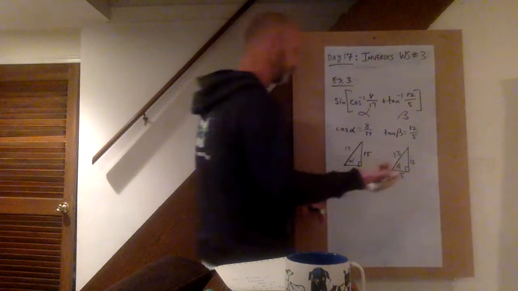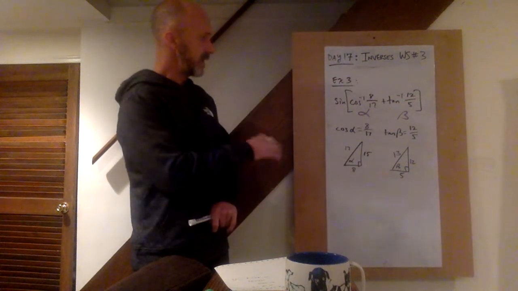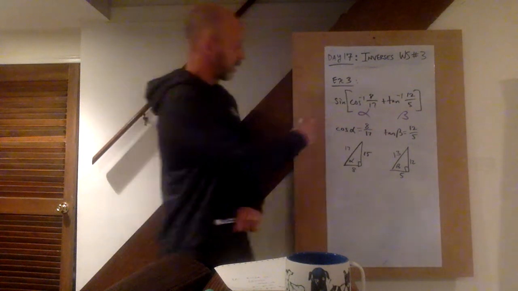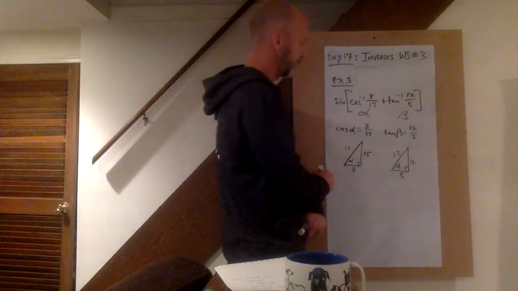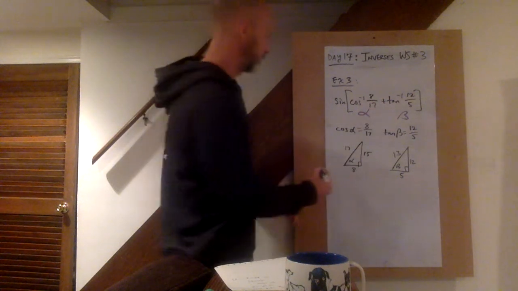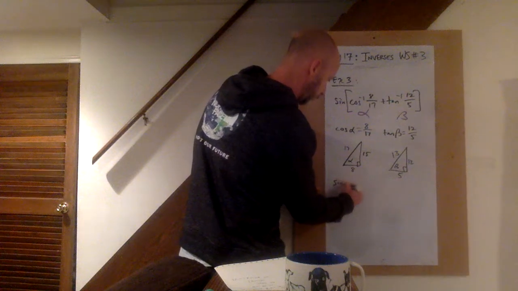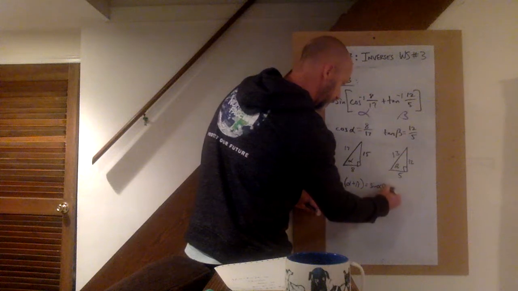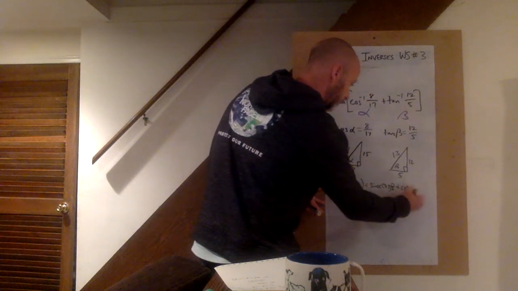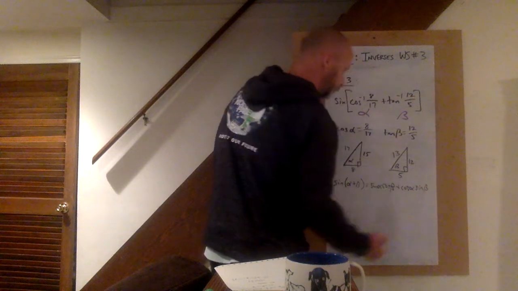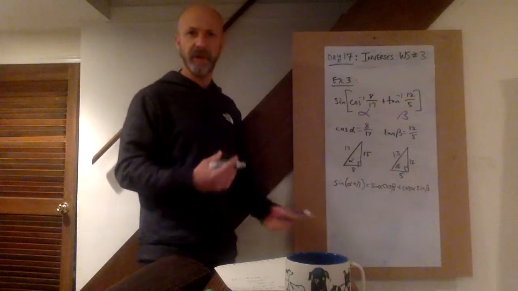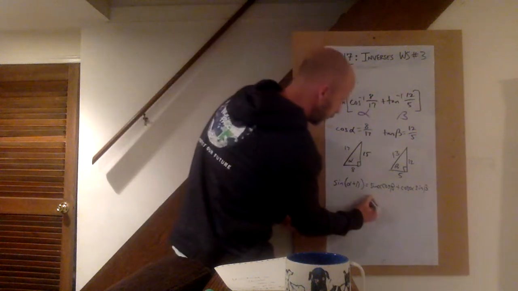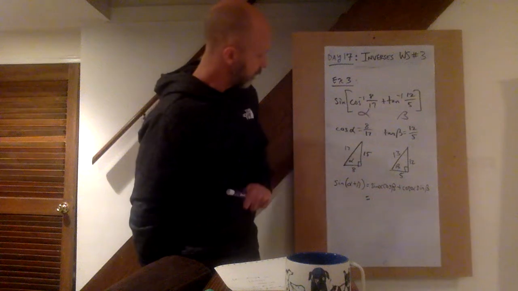Awesome. That's great. So I can now use these triangles to try to finish the problem. How? Well, it's sine of alpha plus beta. And I know that sine of alpha plus beta is equal to sine alpha cos beta plus cos alpha sine beta. So I can just look at my triangles and pull off the sine ratio or the cosine ratio that I need for each individual little part. So sine of alpha, I look at the first triangle.